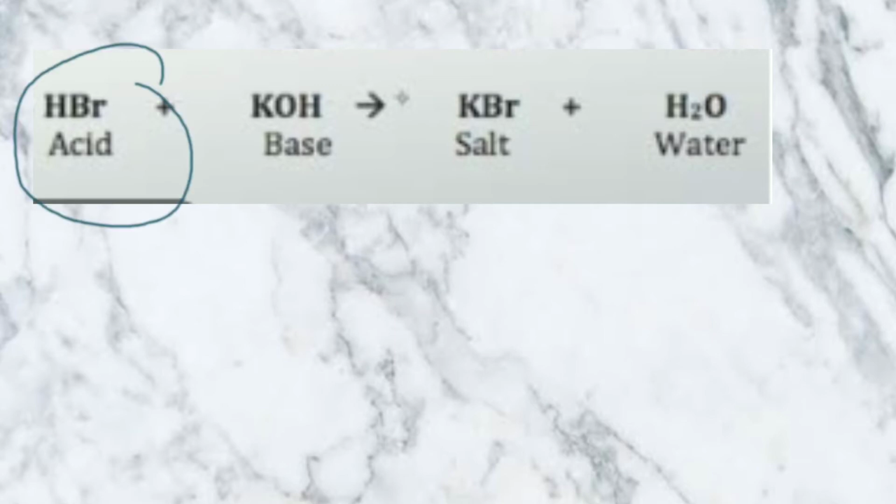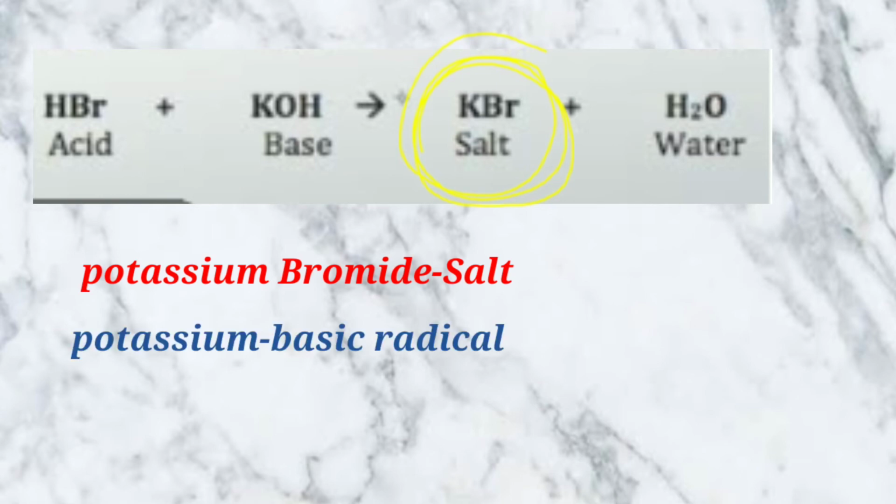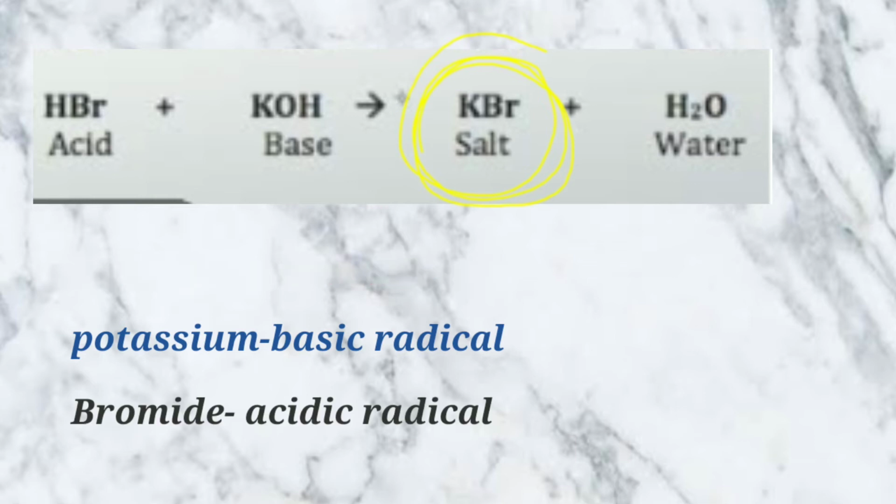Hydrogen bromide, it is an acid, when it reacts with potassium hydroxide, that is a base or you can say alkali, they form potassium bromide, that is the salt, and water. Got it? So potassium bromide is salt, in which potassium is basic radical and bromide is acidic radical.